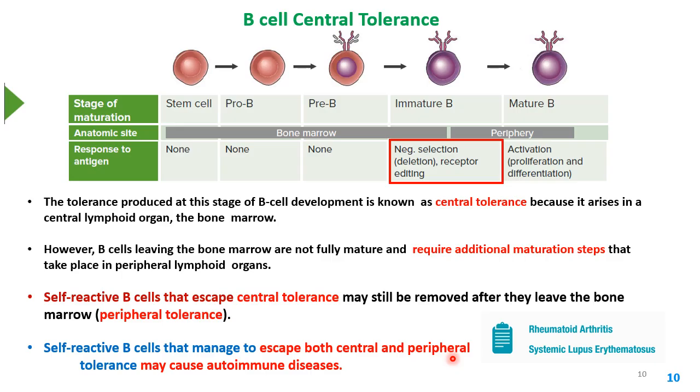That's when you start having autoimmune diseases. Examples of autoimmune diseases due to this sneaking past negative selection are rheumatoid arthritis and systemic lupus erythematosus. Those are diseases that are due to self-antibodies.